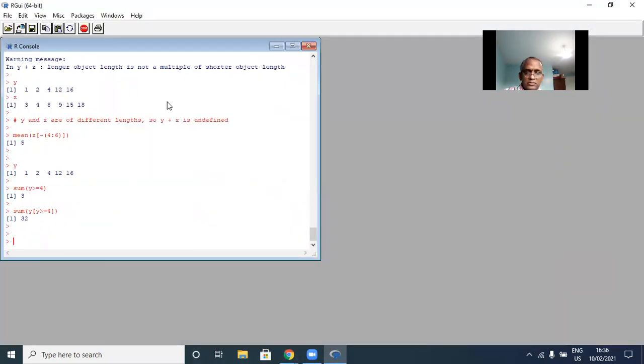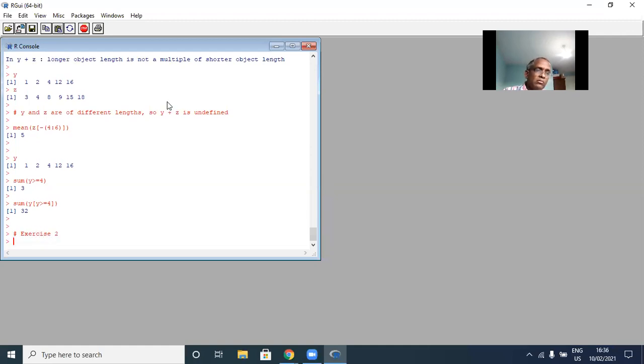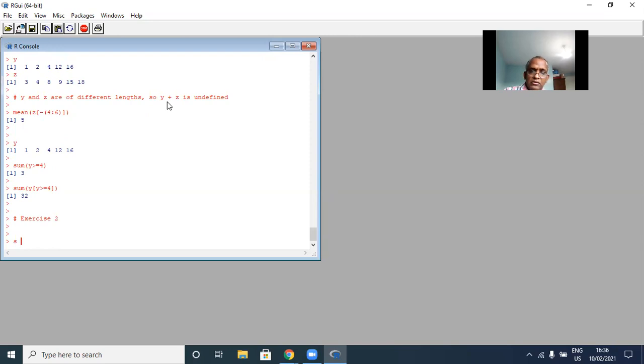Okay, now this is exercise number 2. So the first thing I'm going to do is to read the data. To read the data, you just type it: 38, 42, 44, 43, 46, 48, 52, 54, 50, 47, 48, 48.